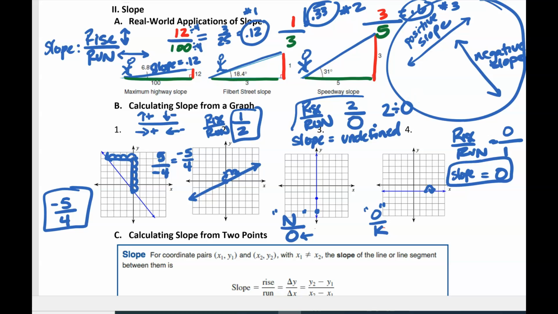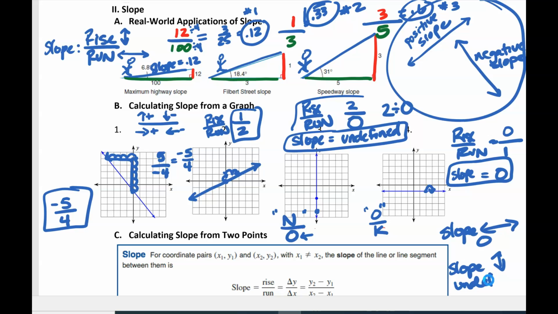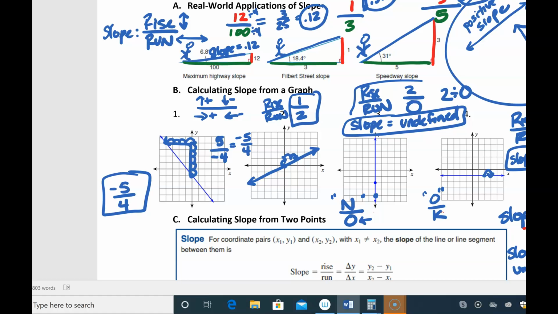So we're going to circle that one. There you go. So the slope of horizontal lines is 0, and the slope of vertical lines is undefined. If you just make a note about that, then you'll be good to go.